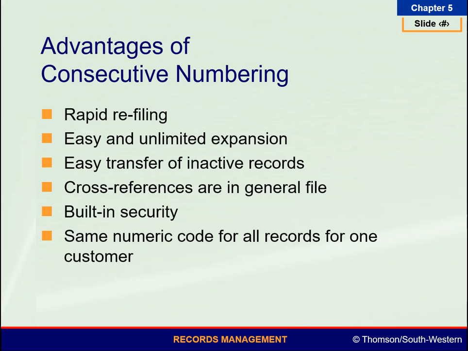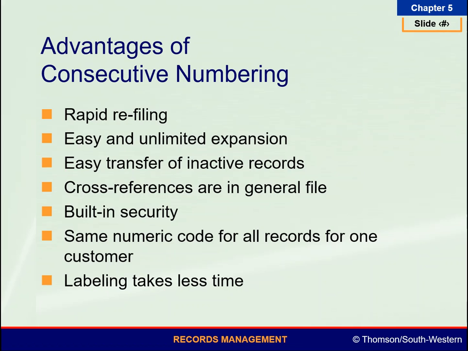Another advantage is built-in security and the same numeric code for all records for one customer. For example, you use the same student ID number for your college record, your fee records, your results, and everything you use in the system in UiTM. So you are going to use the same number.